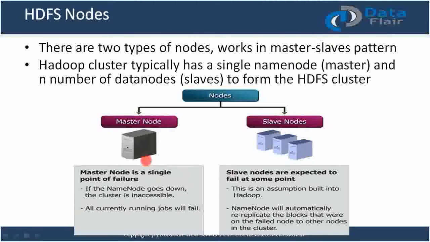So guys, since usually in the small cluster we are having just one master, that's why it's not recommended to have master as the commodity hardware, because master is a single machine. It can be a single point of failure.